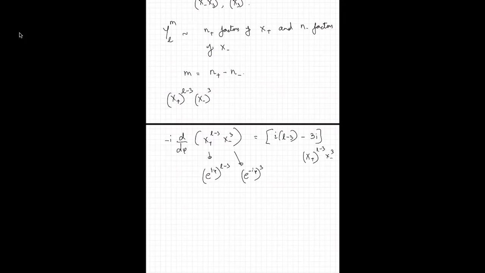Okay, why? Because x plus is e to the plus i phi. So d/d phi of e to the i phi to the L minus 3 is simply i times L minus 3. And d/d phi of x minus cubed is d/d phi of e to the minus 3i phi, which is just minus 3i. Okay, so I can rewrite this, if I take the i outside, as simply L minus 3 minus 3.